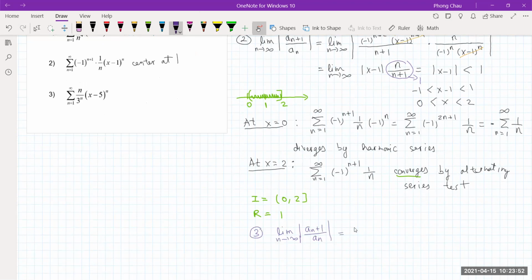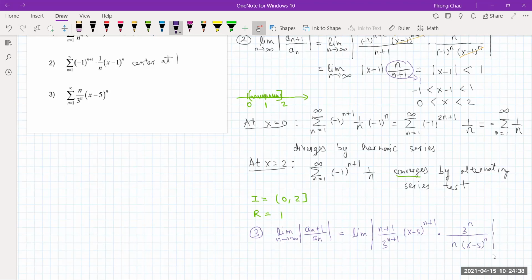In this case, I have the limit of n plus 1 on the top, and x minus 5 to the n plus 1 also in the numerator. And that's 3 to the n plus 1 there, times the reciprocal. Then you have 3 to the n on the top over n times x minus 5 to the n power.